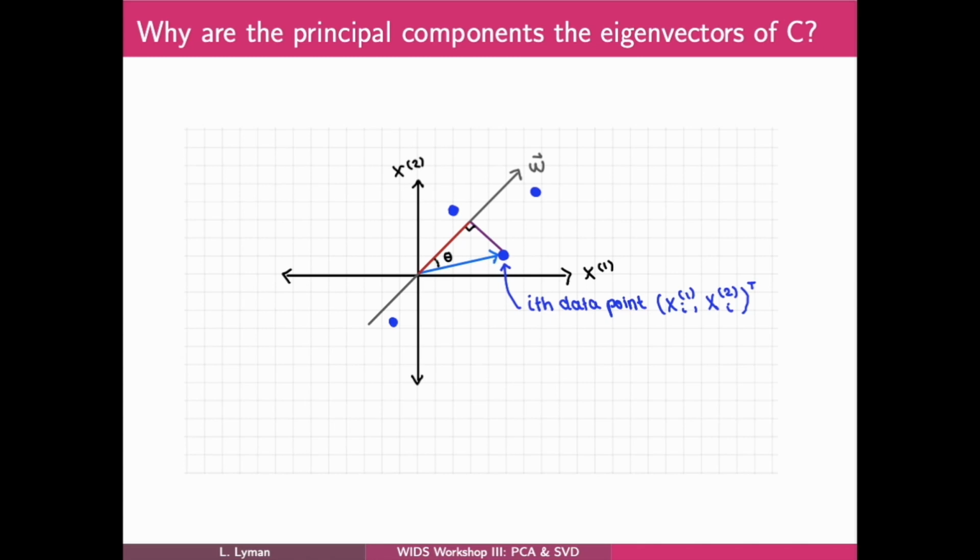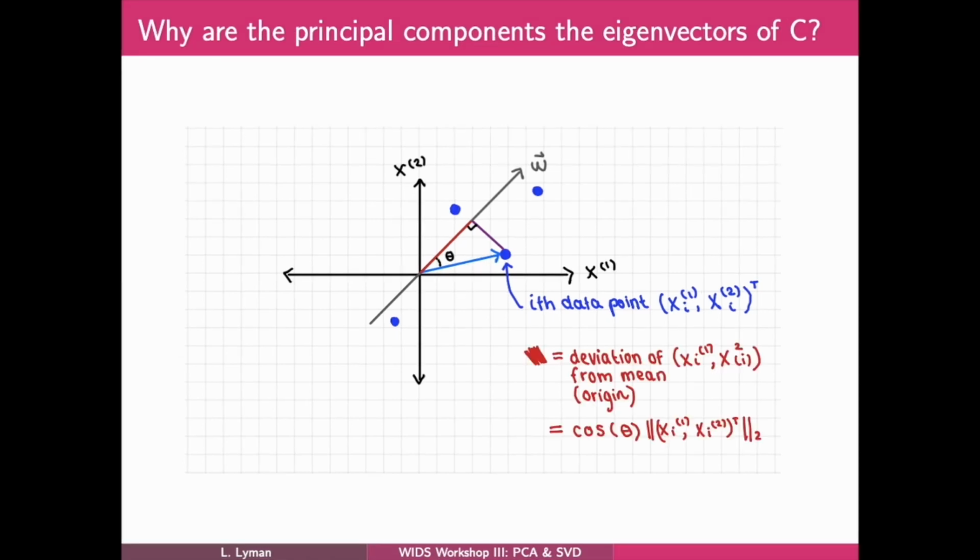As before, the W in gray denotes the proposed linear fit, and ultimately, we're going to adjust W until it coincides with the principal component that has the properties that we're looking for. The red segment here is the deviation of the ith data point from the mean, which in this case is the origin, since we've centered our point cloud of data.